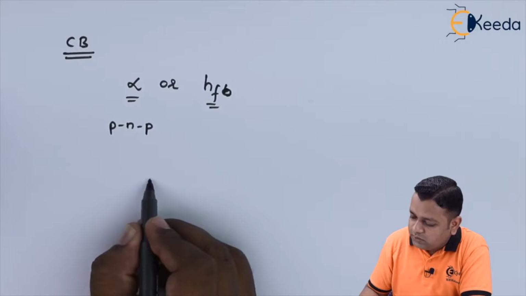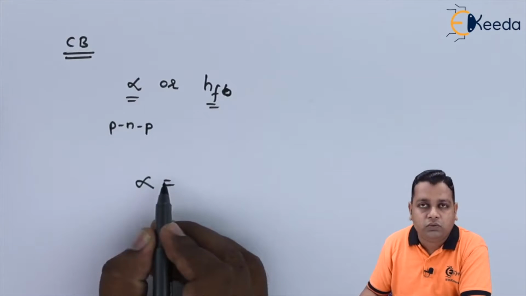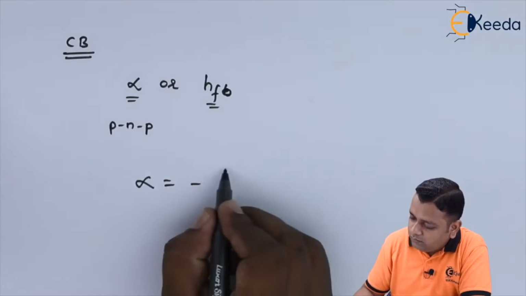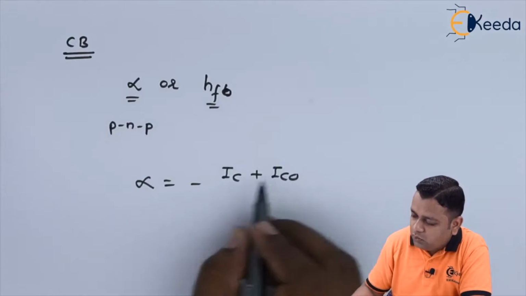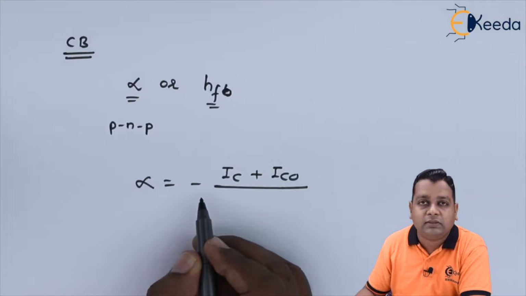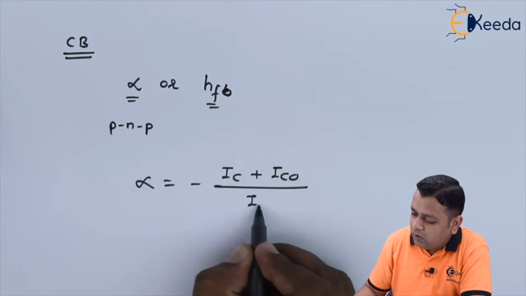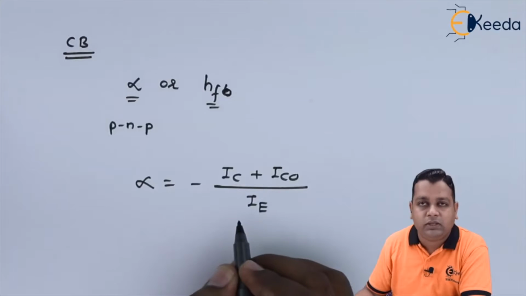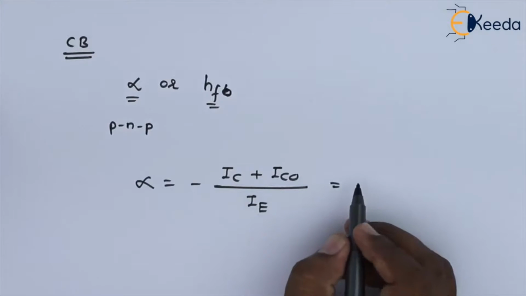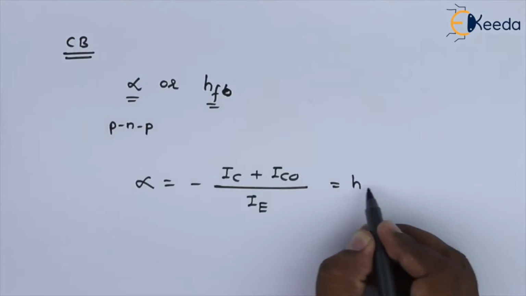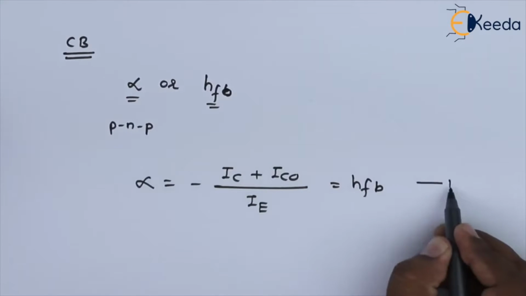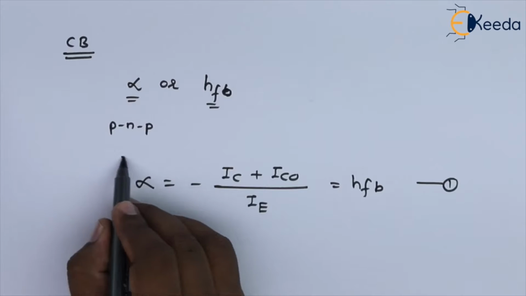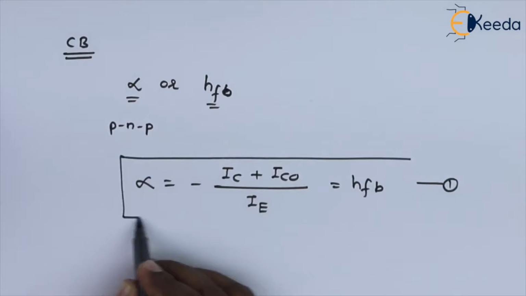So we have the expression alpha is equal to minus of the collector current IC added with ICO for the saturation case, divided by I suffix capital E. It is also represented for the common base configuration as H suffix FB here. Let us say this is equation number 1, and this formula will be very helpful to us.